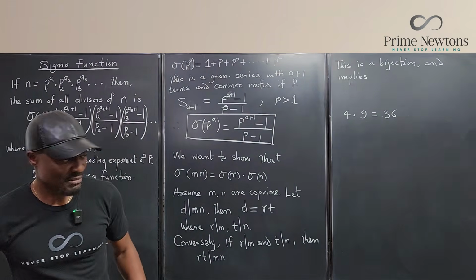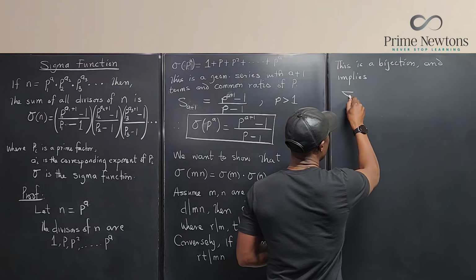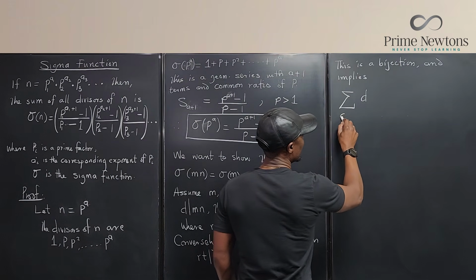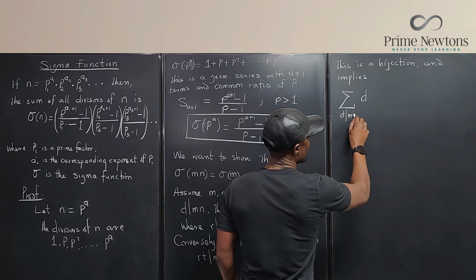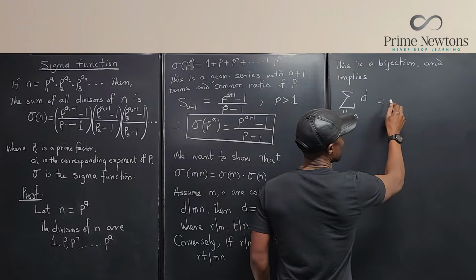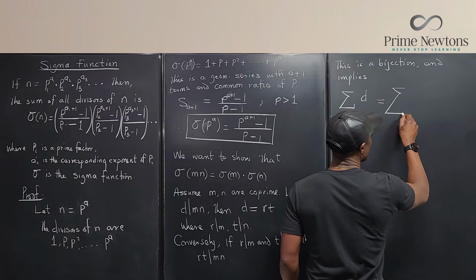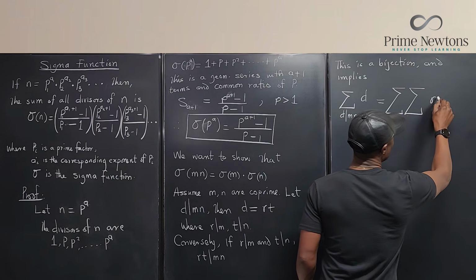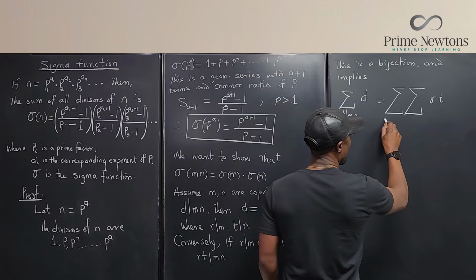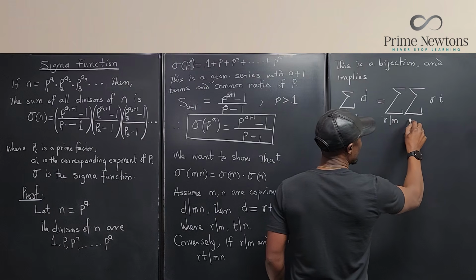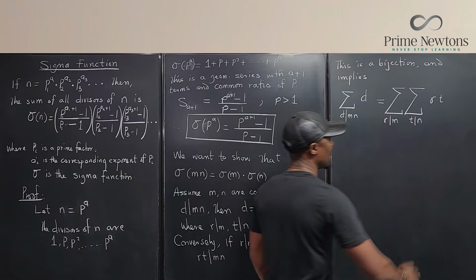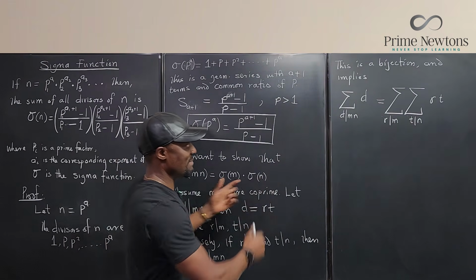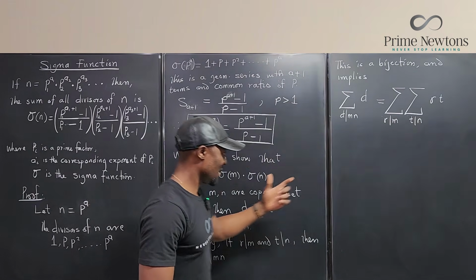Let me show you what that means. The sum of all divisors such that this divisor divides MN is the same thing as the sum, well, there are two numbers involved here, of RT, where R divides M and T divides N. This is the mathematical notation representing this.